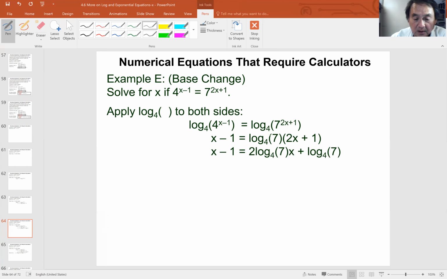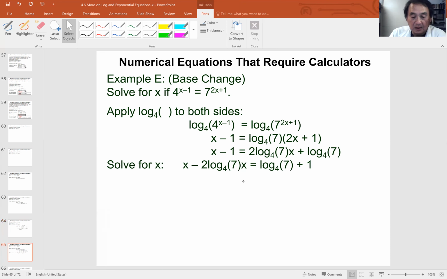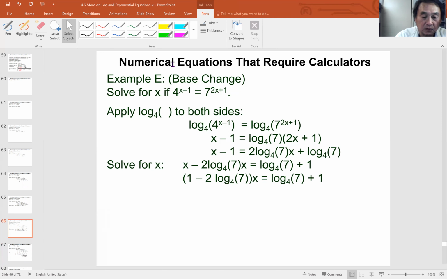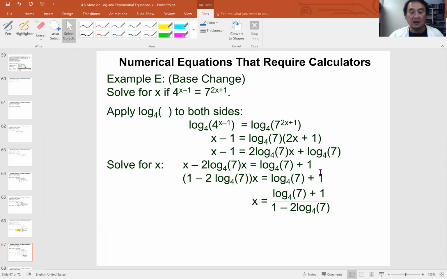Expand these times that, and move the x terms together. Extract the x, factor it out. Then divide by the coefficients, multiply the multiple in the front, and divide underneath as a fraction. Then I get an answer in log base 4.